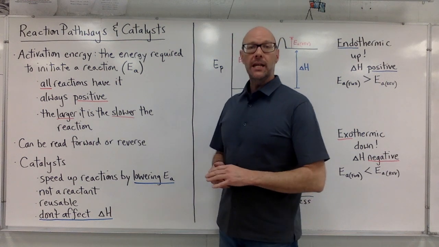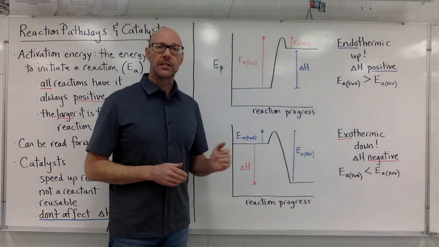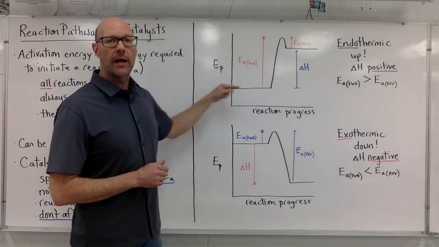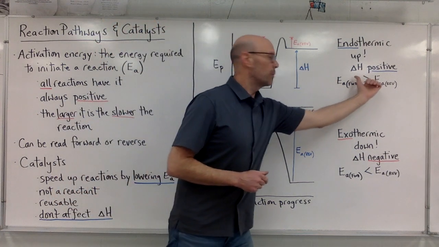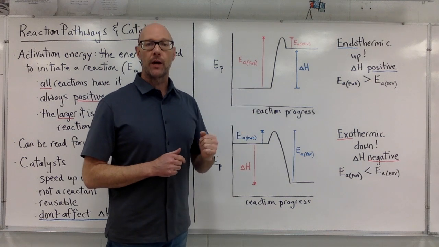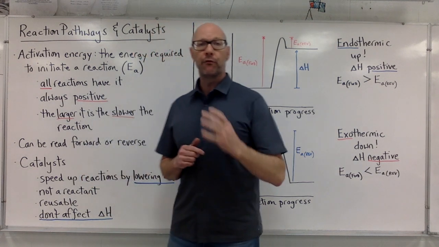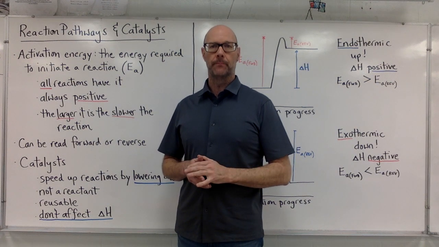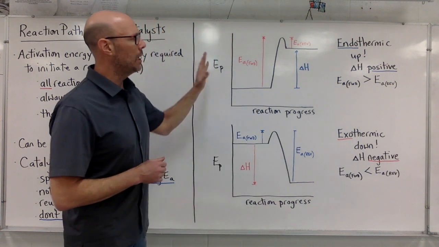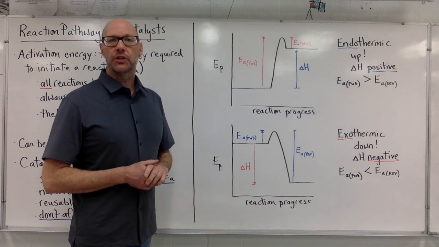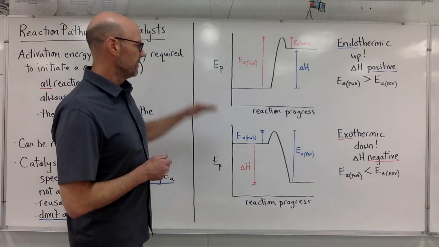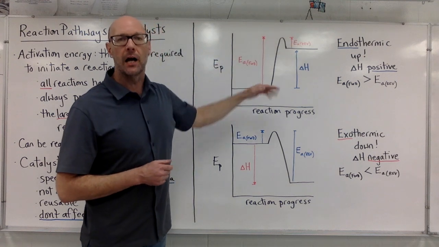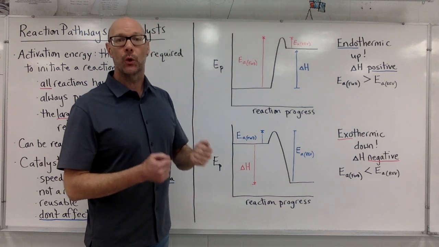And we can read these reaction pathway diagrams from left to right in a forward direction, or we can read them from right to left in a reverse direction. So there's always a forward and a reverse activation energy. Let's think about the endothermic situation first. The graph overall from horizontal line to horizontal line is up. It's endothermic.